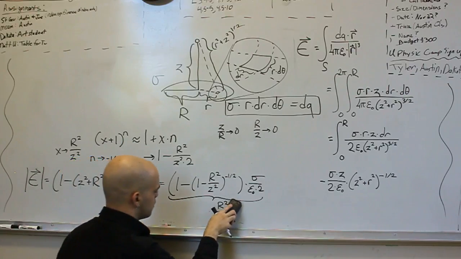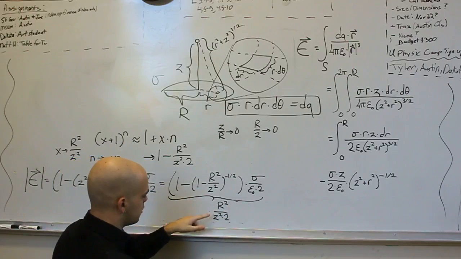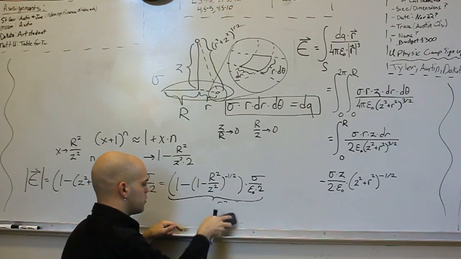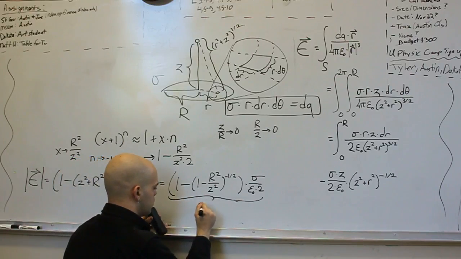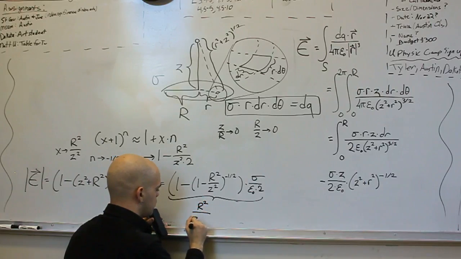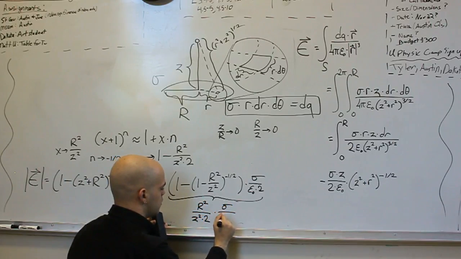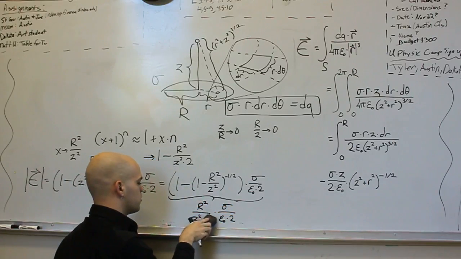So it's going to be r squared over z squared times 2, times sigma over epsilon naught times 2. And of course we can move this 2 over here as a 4.